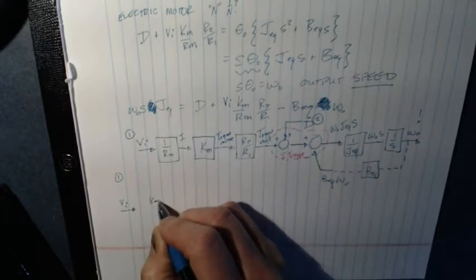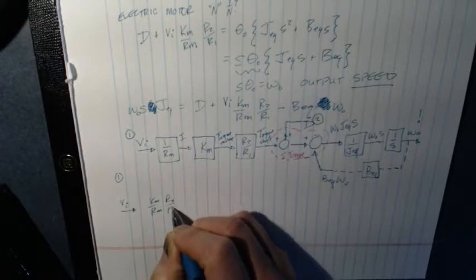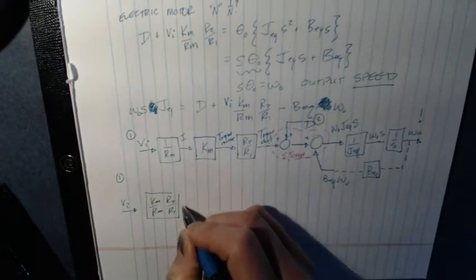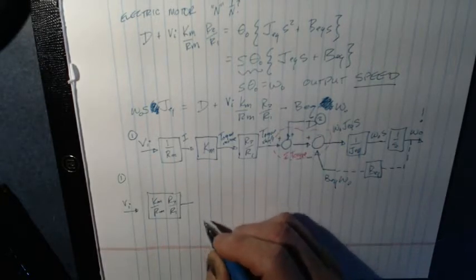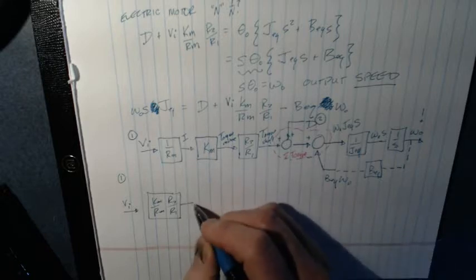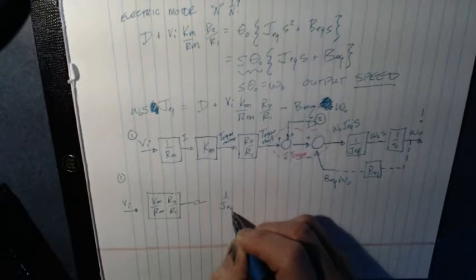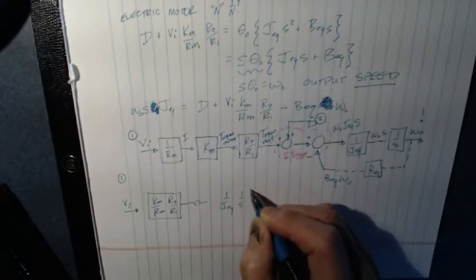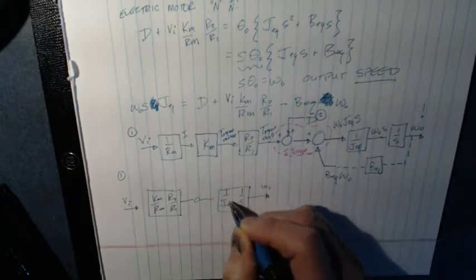So this is Km over Rm, R2 over R1. And then I'm going to have, okay, I will do it in two different parts here. 1 over J equivalent, 1 over S. This is omega out.